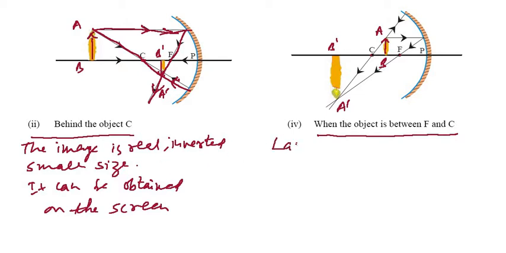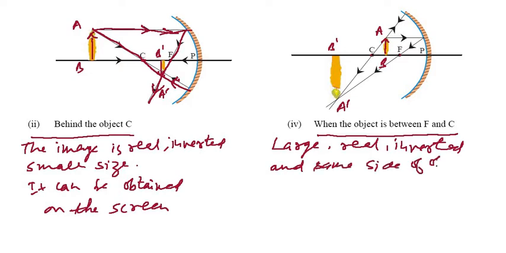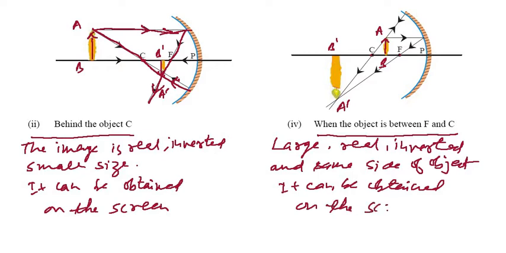The image is large, real, inverted, and on the other side of the mirror from the object. It can be obtained on the screen.